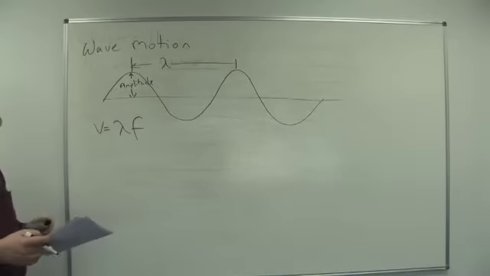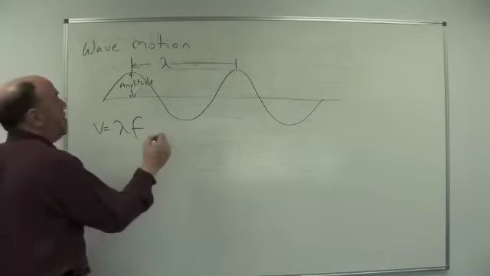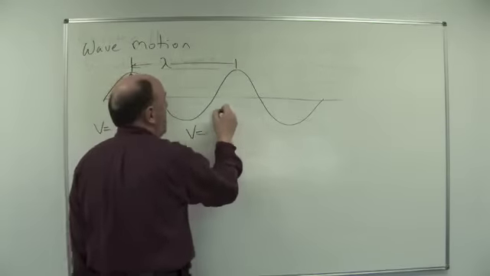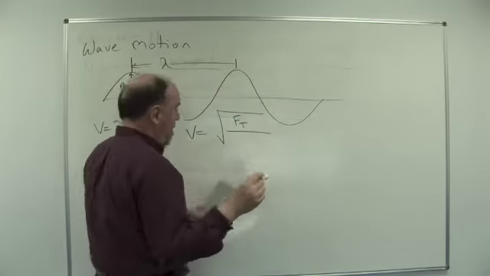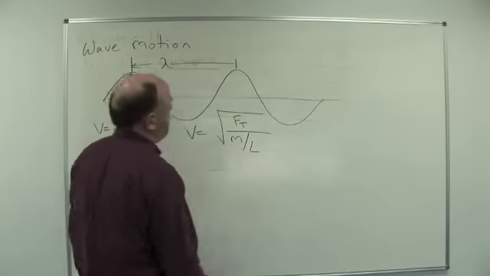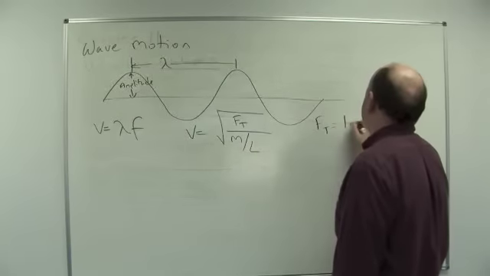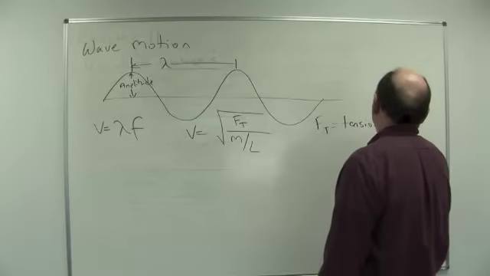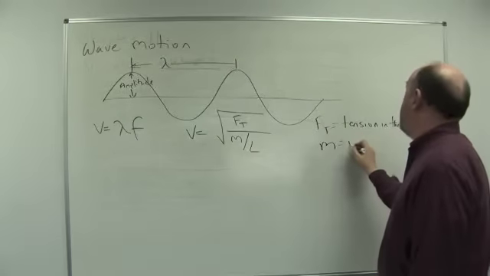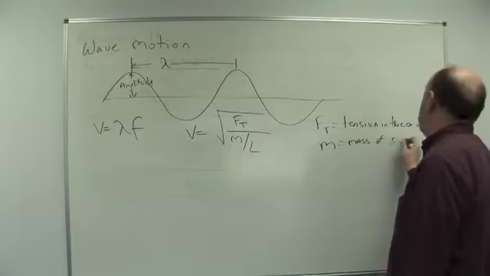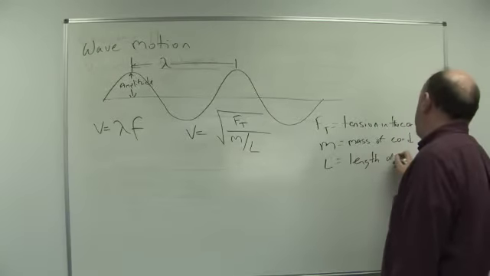And if I think in terms of this being a wire or a string, we can also find out that the velocity is given by the square root of the tension in the wire, F sub t, divided by m over L. So in terms of this equation, Ft is the tension in the cord, m is the mass of the cord or the wire, and L is the length of the cord.